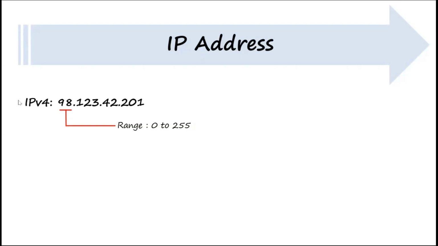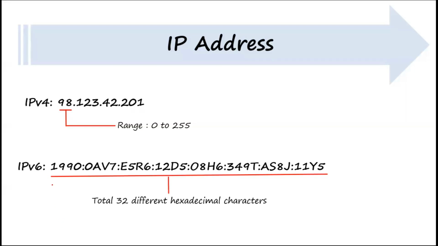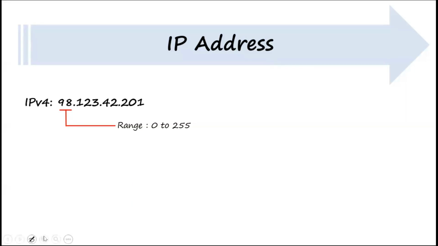So what I'm trying to explain over here is, this is one set of numbers, this is another set of numbers, this is another. So IPv4 represented four sets, separated by decimal points, and each set can go from 0 to 255. So this was IPv4. And it turned out that these number combinations were not enough.